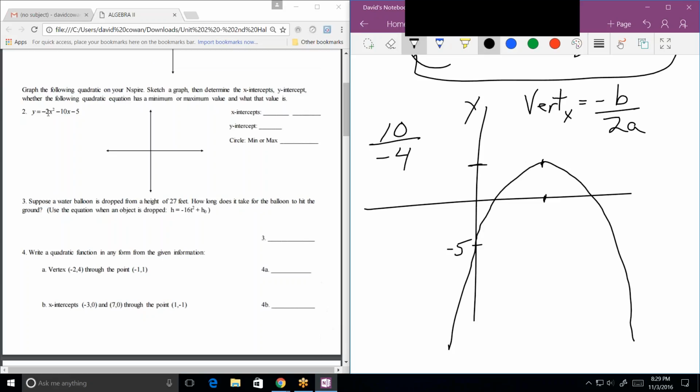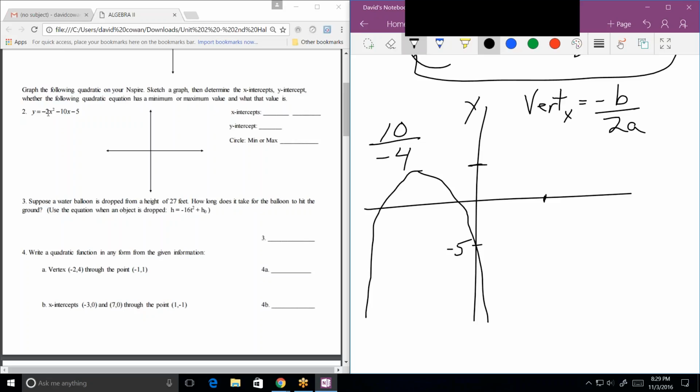Okay? So what that means is I drew this quadratic wrong. It's still going to go through that y-intercept, but it's going to do it from that side. In other words, that gives me the x-coordinate. That x-coordinate right there is minus 5/2.